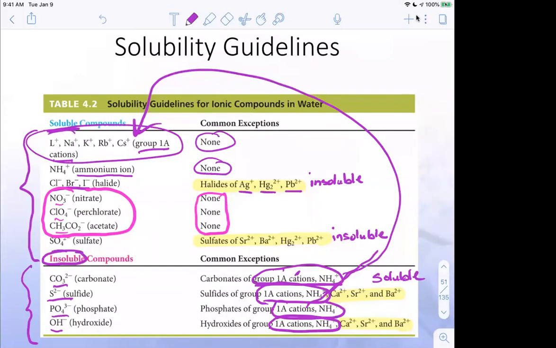Again, the exception on the bottom part is these will form soluble ionic compounds if they are hooked up with those anions. So what you need to be able to do is look at the formula of an ionic compound and figure out if it's going to dissolve in water or not. If it does, it's soluble, and if it doesn't, it's insoluble.